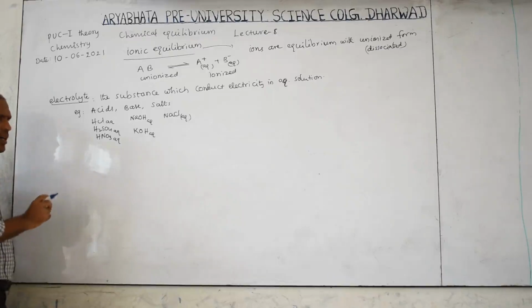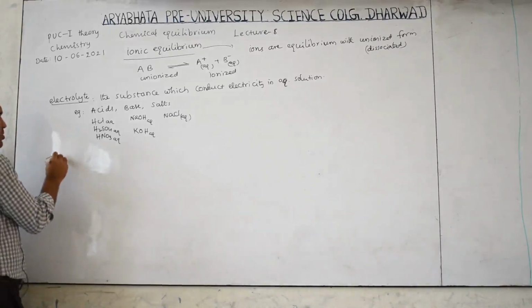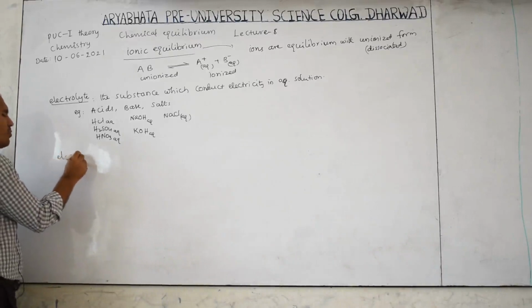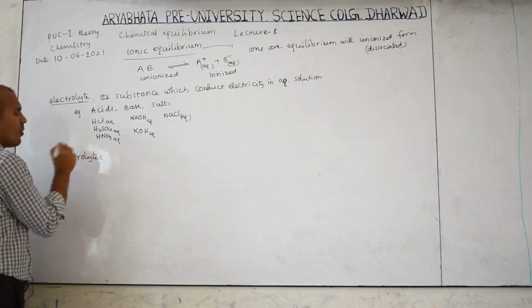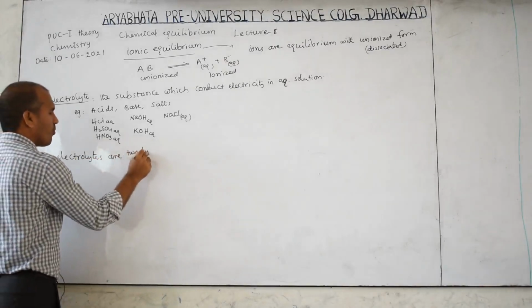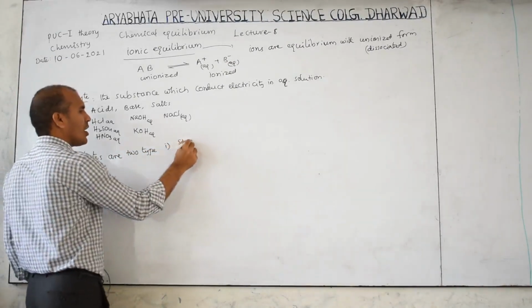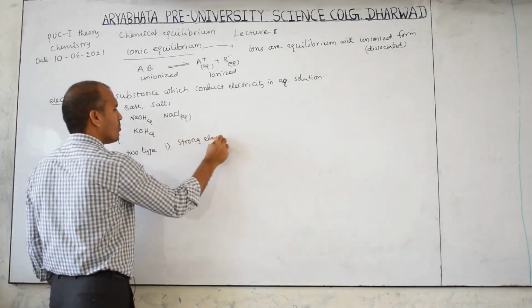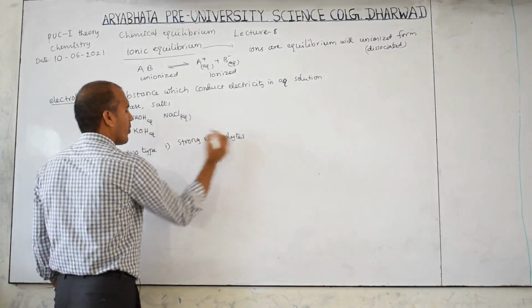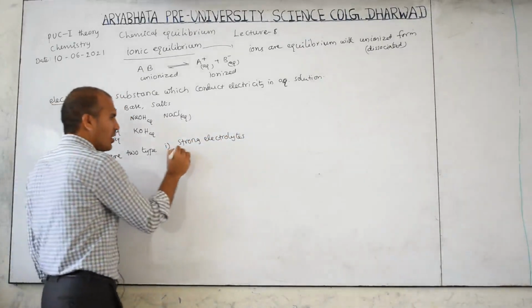These electrolytes are again strong electrolytes and weak electrolytes. So electrolytes are two types. One is strong electrolyte, another is weak electrolyte. What is a strong electrolyte?